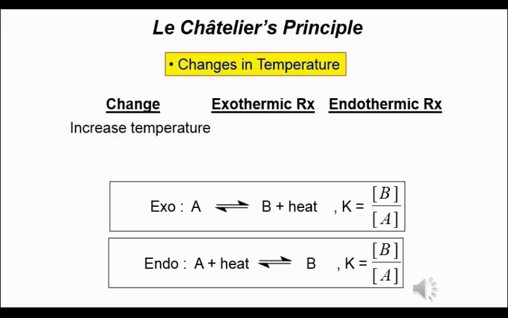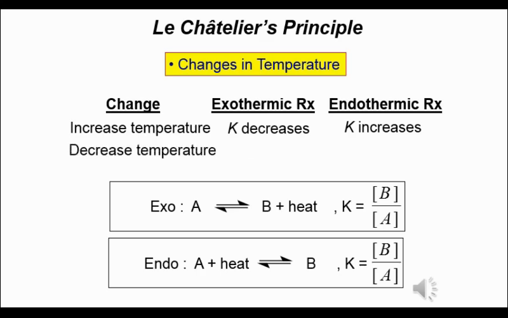When we increase the temperature in an exothermic reaction, it will decrease the equilibrium constant K. Meanwhile, when we increase the temperature in an endothermic reaction, it will increase the equilibrium constant K. Decrease in temperature in an exothermic reaction will increase the equilibrium constant K, while decreasing the temperature in an endothermic reaction will decrease the equilibrium constant.